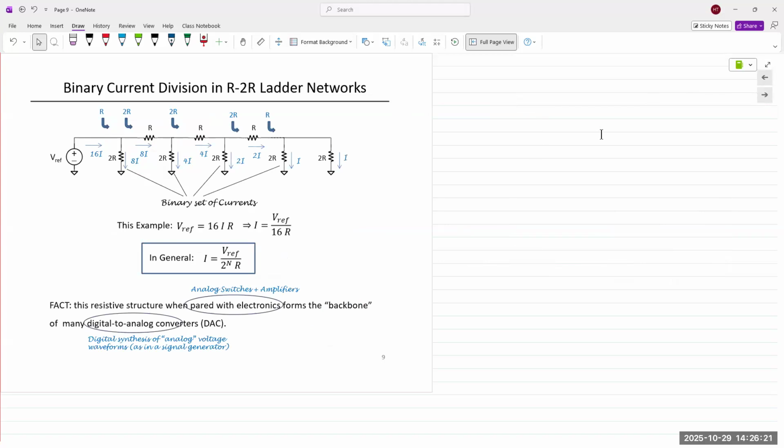If you look at the far right of the circuit, you will see 2 resistors in parallel. All of the resistors that are vertical are all 2R, and all of the resistors that are horizontal are value R. Doesn't matter what that value is, just suffice to say that they're all the same. And 2R, of course, is just twice as much as R.